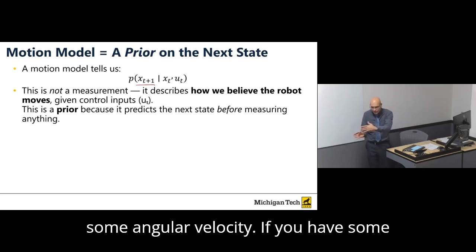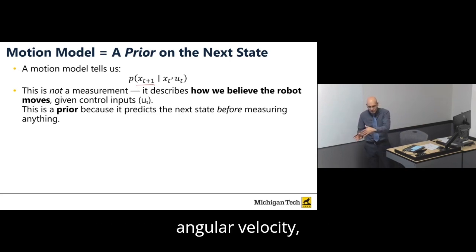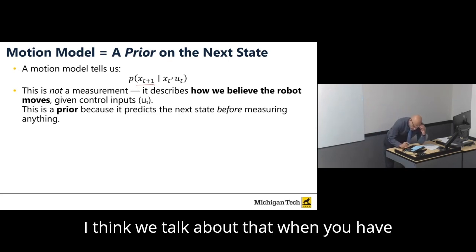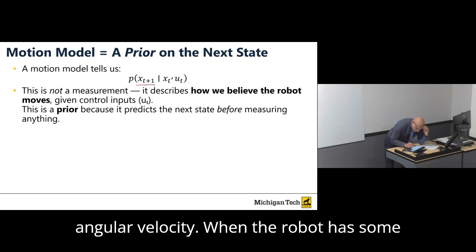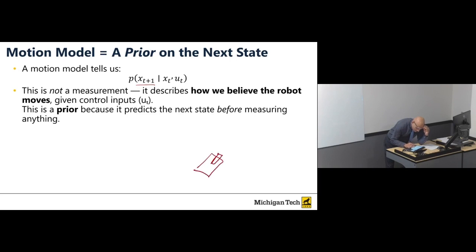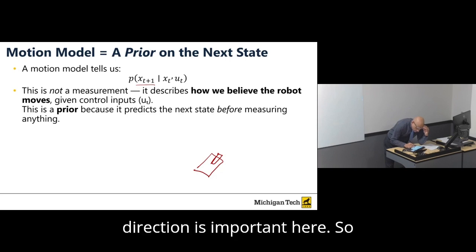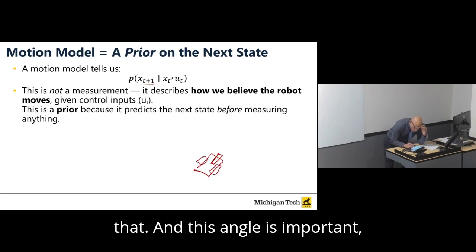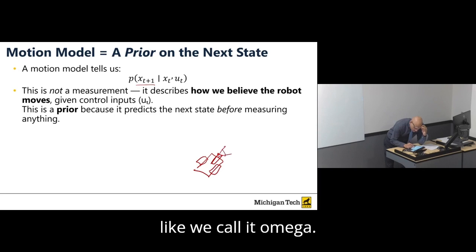some angular velocity. When the robot has a steering wheel, that direction is important here. So imagine the robot is like that, and this angle is important, we call it omega.